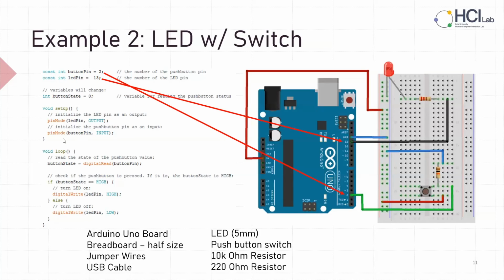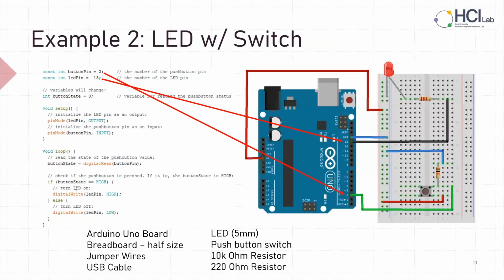Inside the setup function, we initialize the LED pin as an output and the push button pin as an input. After that, in the loop function, we need to read our push button value, using the digitalRead function. We are reading our button pin, and creating the button state.